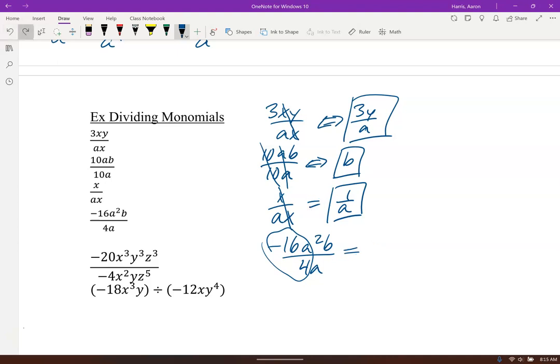See if I can erase that. There we go. Negative 16 over 4 is negative 4. Now a squared, I have two a's on the top and one on the bottom. In fact, let me write this out. I have a, and I have an a on the bottom, and I've got that b. So one of those a's cancels. So we're just left with negative 4ab.